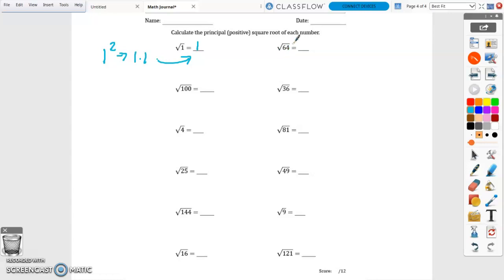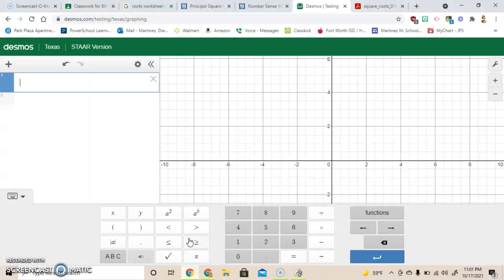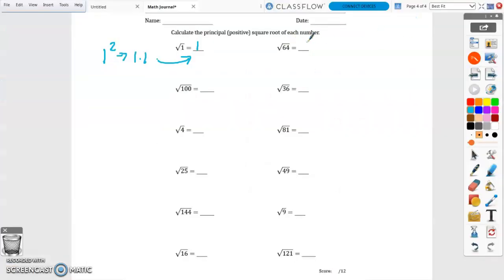Now, 64. What is the square root of 64? Basically, what is the number multiplied by itself that gives 64? Let's use this as an example and put it in the calculator. The square root of 64 is 8. And why? 8 squared is equal to 8 times 8.